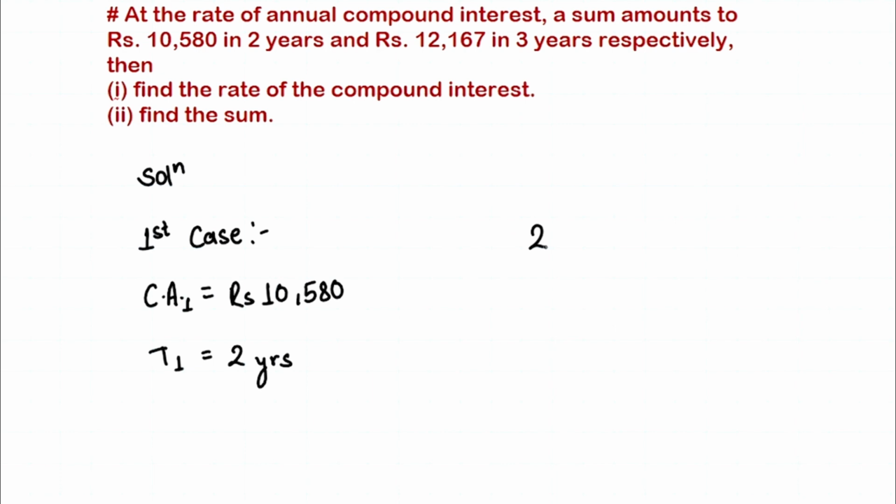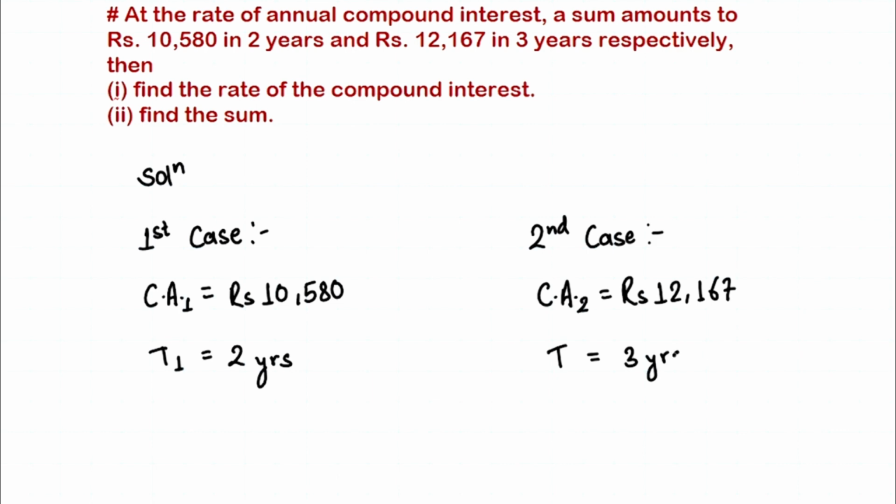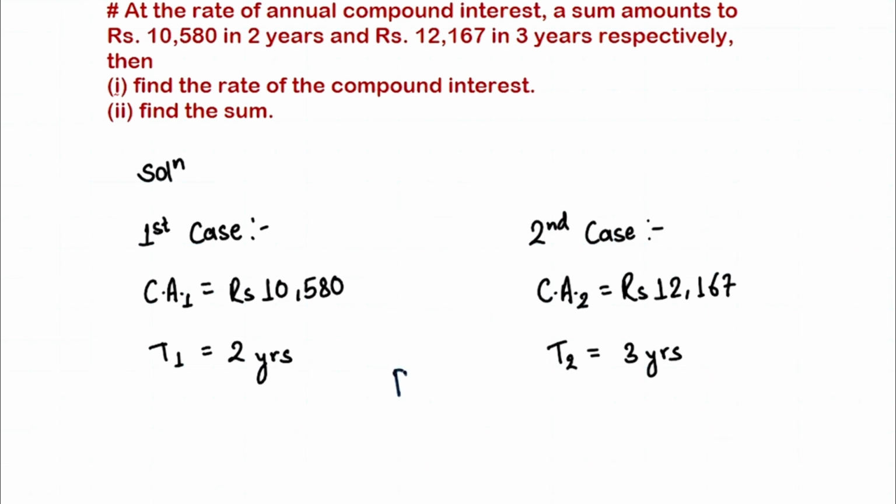Similarly, in our second case, we have our compound amount as 12,167 and this is for time 3 years. So 3 years, this is T2. And we need to find the principal, the amount of money that we put in the bank, and the rate of compound interest.